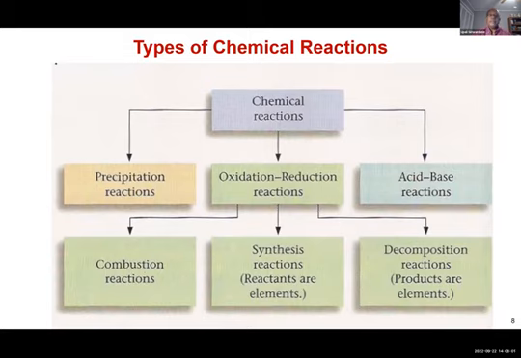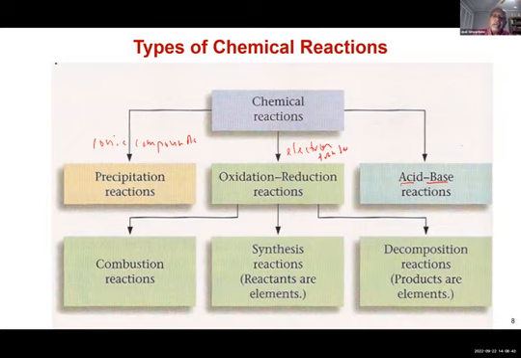Chemical reactions are mainly three categories. Precipitation: these are ionic compounds, mainly salts. Redox: these could be ionic compounds, but they undergo electron transfer. Acid-base are reactions between acid and base. Acids have certain properties.